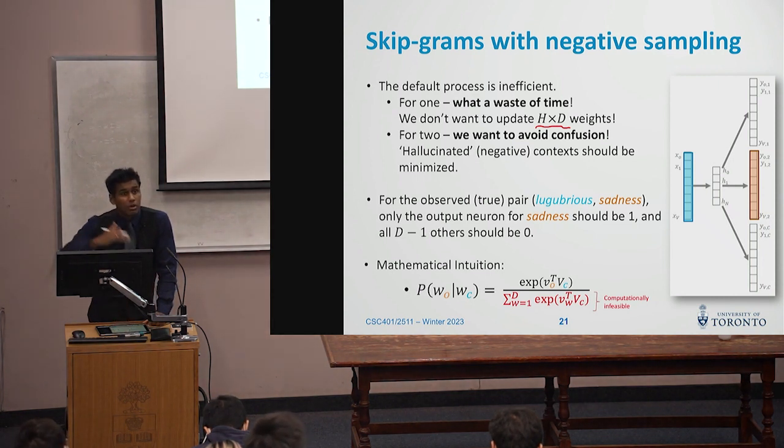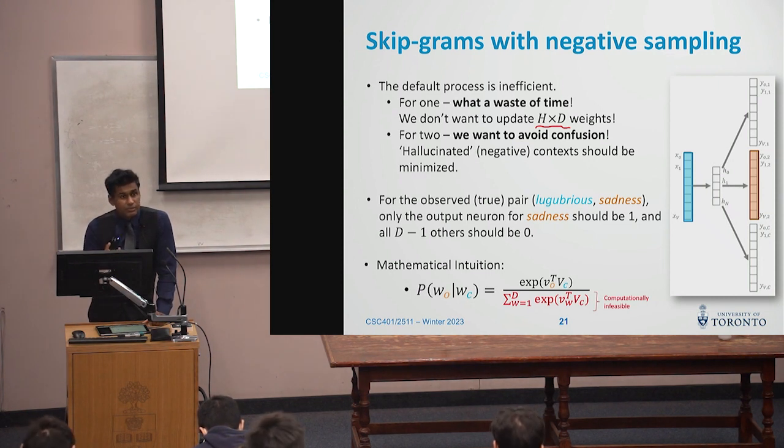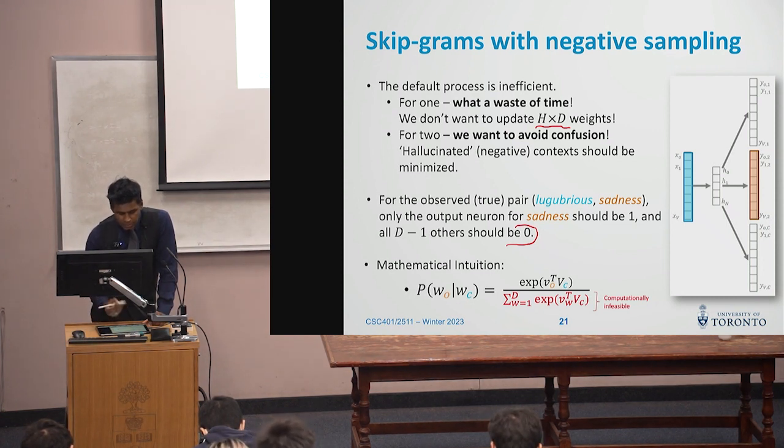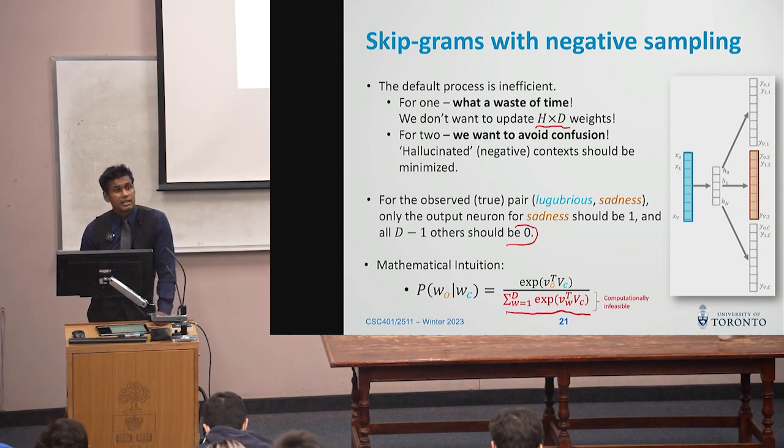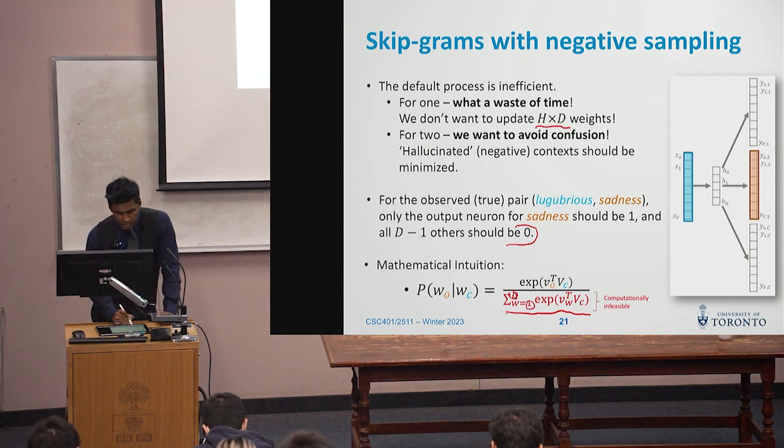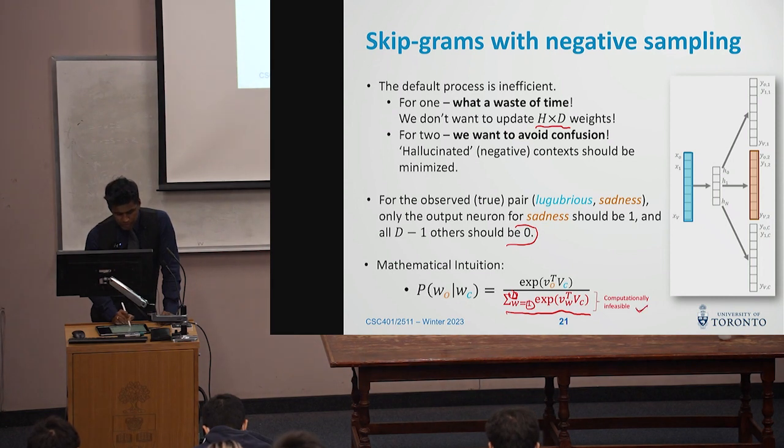Instead of going through all the words in the vocabulary, we can maybe just use a few samples. And that's what skipgram with negative sampling is. As I said, we want to maximize the association of words that are related, and we want to minimize the association of what's called hallucinated context, which does not have any relationship, like lugubrious with roof or lugubrious with truth.